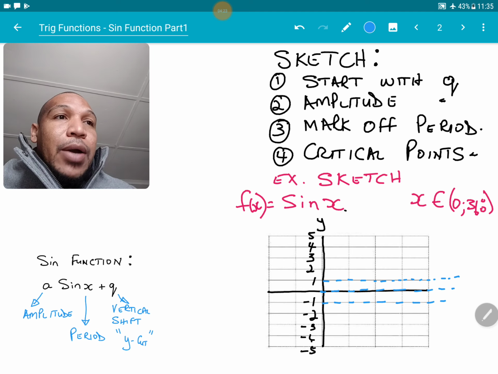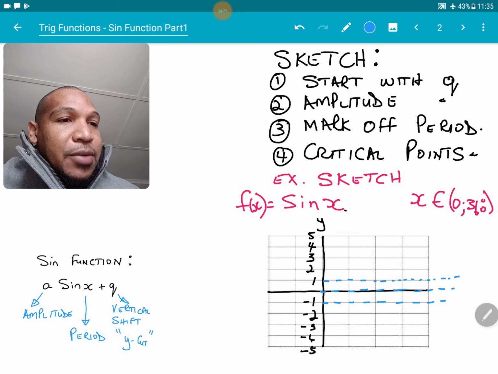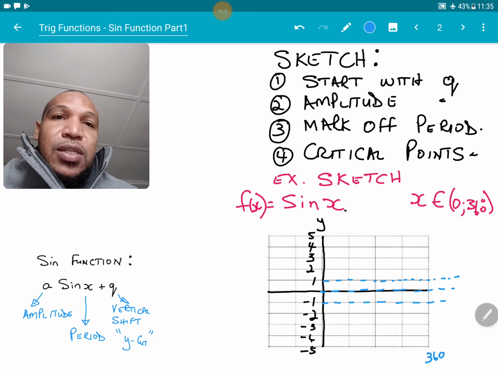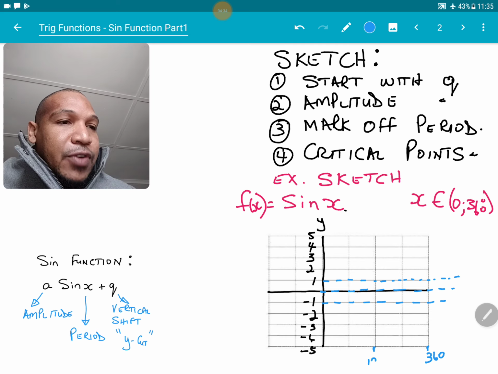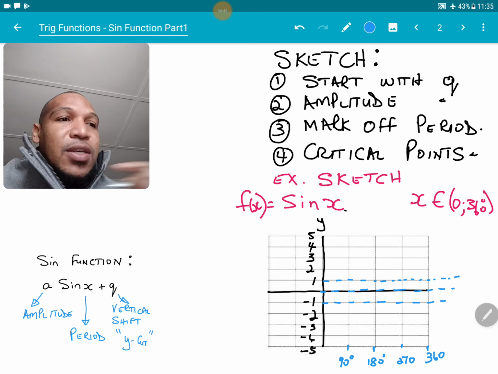Now I mark off my period, which is 360. So there we have 360. Let's fill in the others here. It's 180. We have 90 degrees. And we have 270 degrees there.